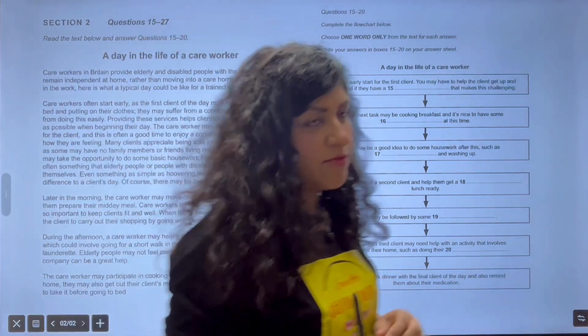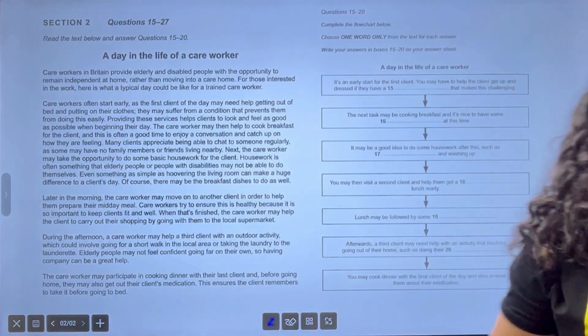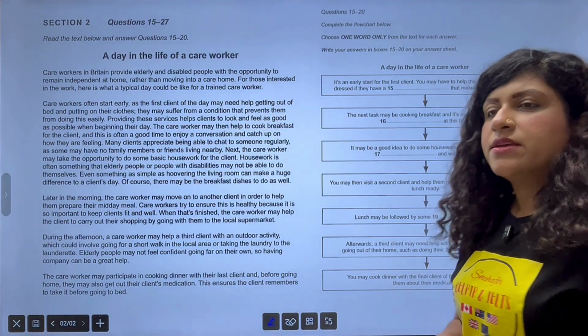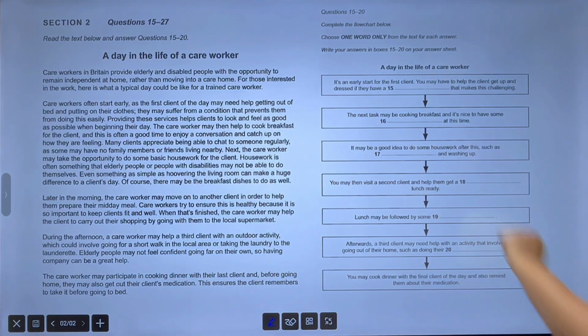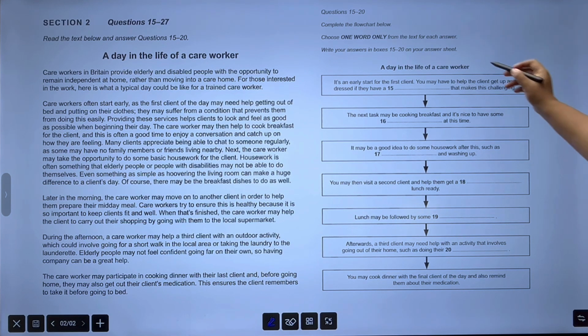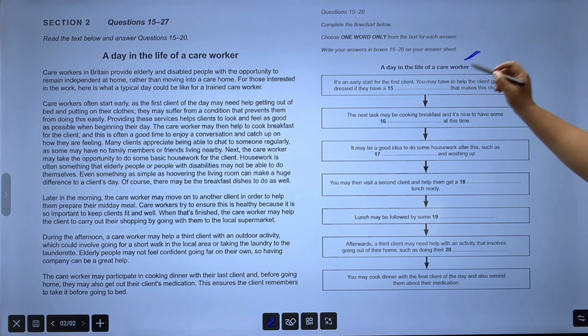Whether you're preparing for IELTS GT or IELTS academic, there will be a text given to you, and on the basis of the text, there will be questions given in the form of a flowchart, as you can see over here.